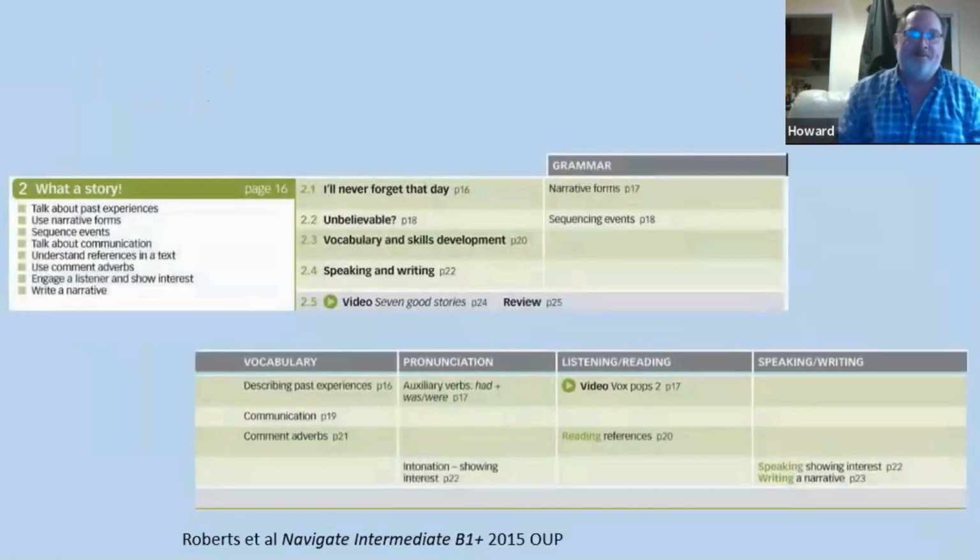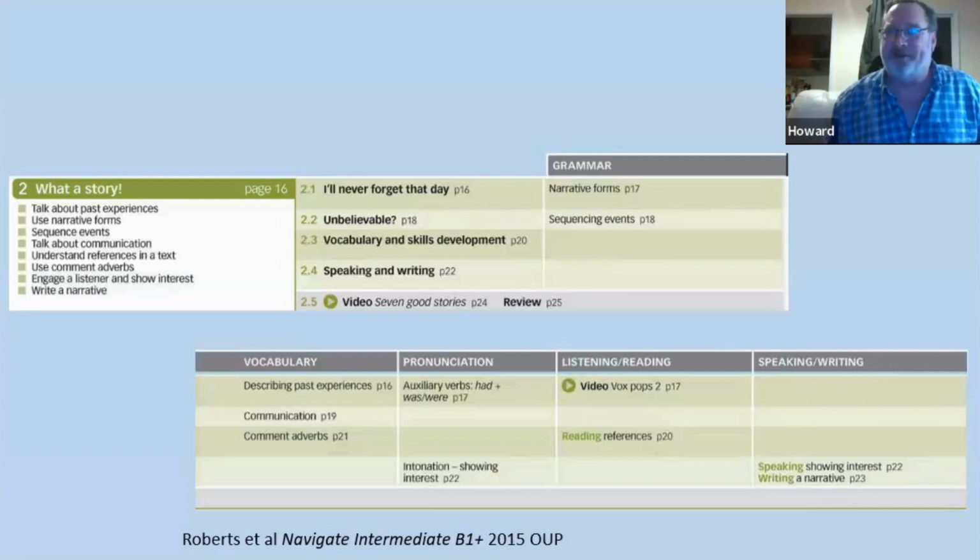And here's a unit from a course book. Course books are organized in predictable ways. You have a theme, you have a context to your unit, in this case, storytelling. And storytelling naturally leads you to a grammar point, or rather, quite possibly, one suspects, the writers of the course books actually think, okay, we've got to do narrative verb forms.